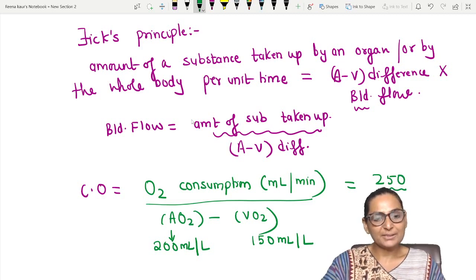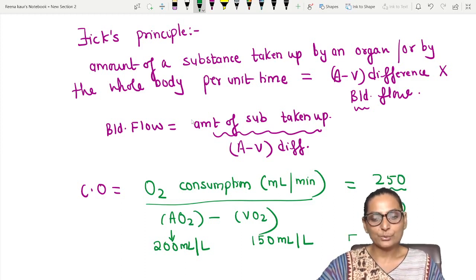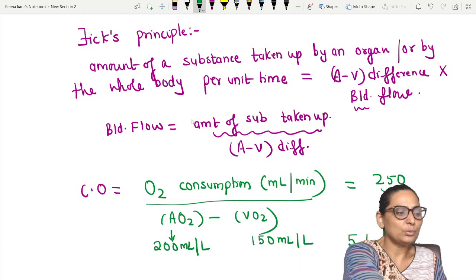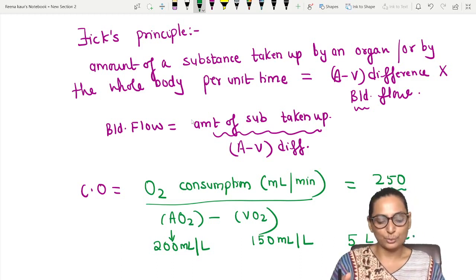So 250 divided by 200 minus 150, which is 50, and you get 5 liters per minute. Right? Fick's principle sometimes comes as a short note to you.